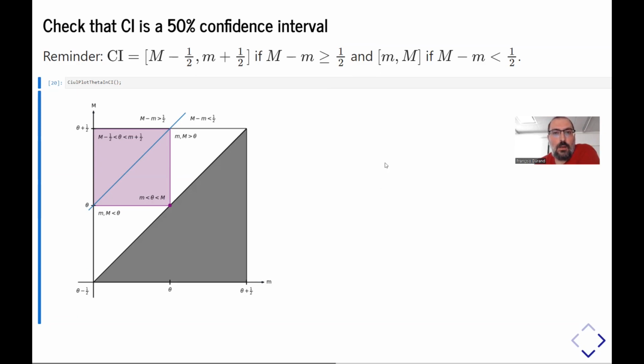So small m should be on that side, somewhere here. And big M should be greater than theta, so big M should be here. So that is why we have the square here. Another way to see it is with Fabien's formulation.